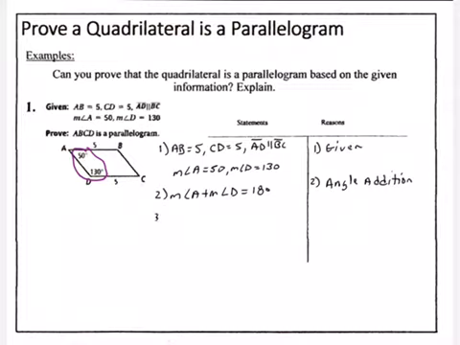From there, we can pretty much say, since we know they add up to 180, that angle A and angle D are supplementary. And that's just definition of supplementary. Two angles that add up to be 180 are supplementary. So definition of supplementary.